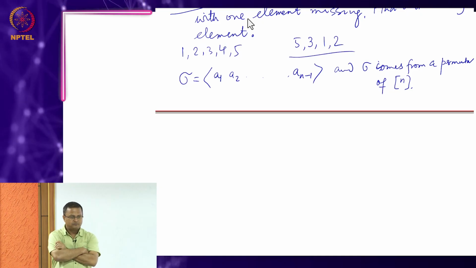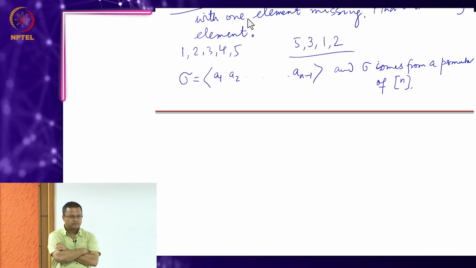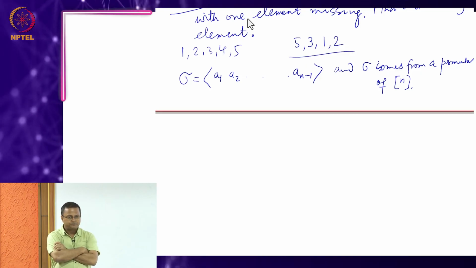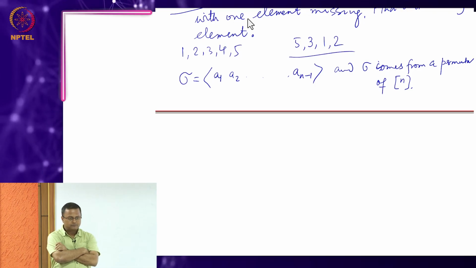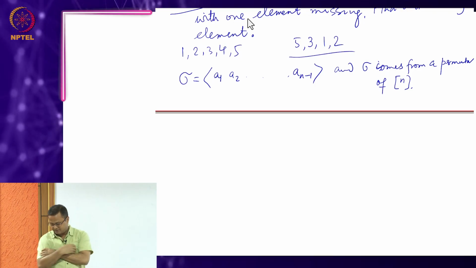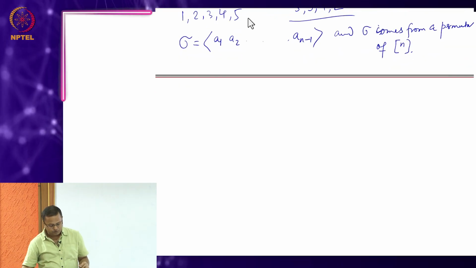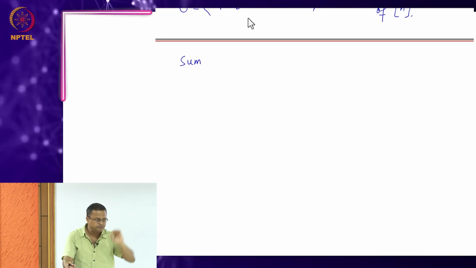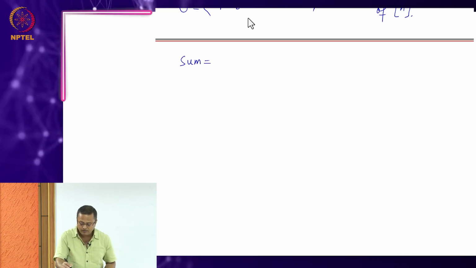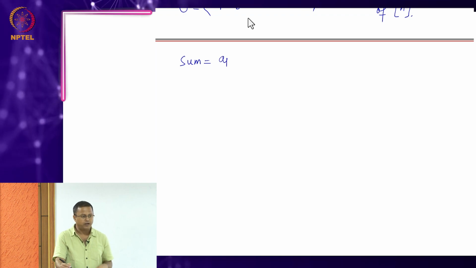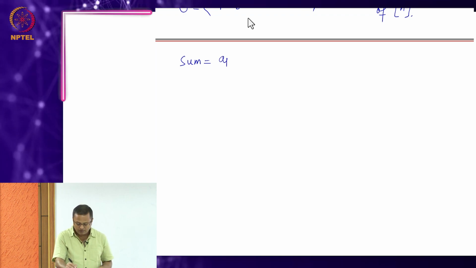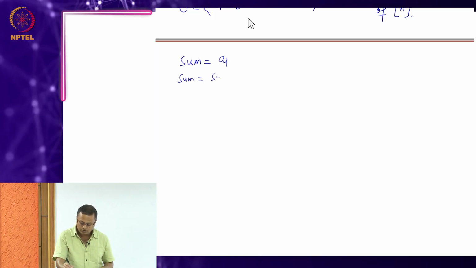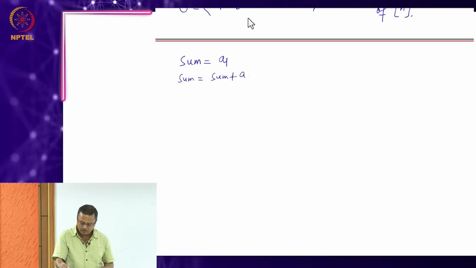Yeah, go ahead. You had a nice idea. Declare one sum variable and add every element. So, his idea is as follows: declare a sum variable, which means it uses space. In the next step, make sum equals sum plus A2, go on.